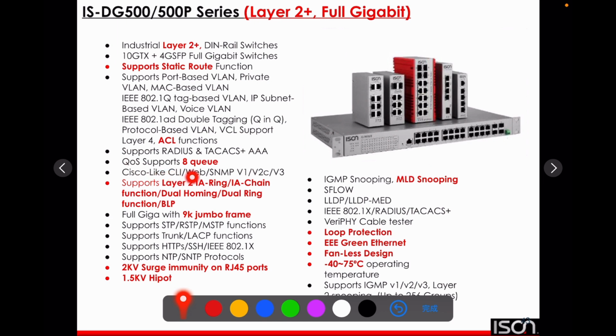Cisco-like CLI, Web, SNMP v1, v2c, v3. Supports Layer 2 IA ring, IA chain function, dual homing, dual ring function and bad link protection. Full giga with 9K jumbo frame. Supports STP, RSTP, MSTP functions.